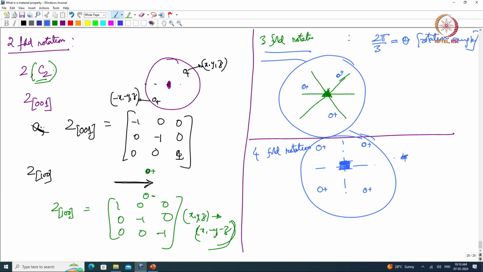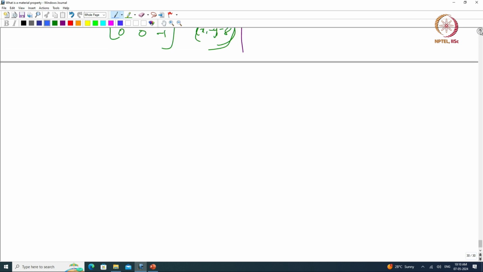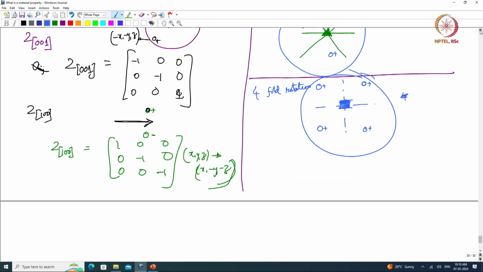Okay. So, or in other words, if I do 4^1 rotation, I come from here to here. If I do 4^2 rotation, I take this object from here to here. So, 4^2 is exactly the same as two-fold rotation, right. So, this symmetry operation is the same as two-fold rotation.